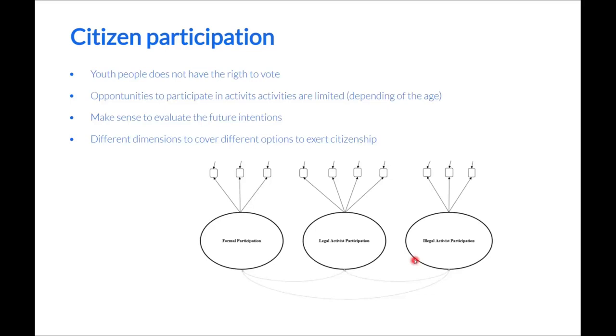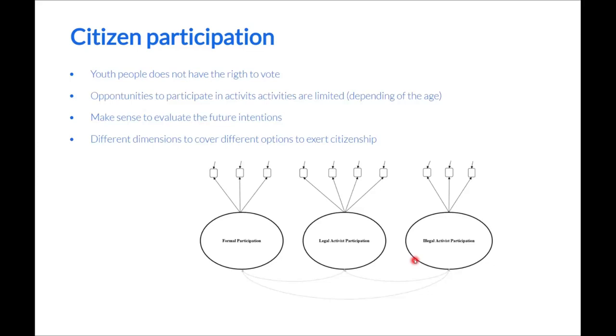In most countries, the legal age to vote is 18. We have only some cases in which it's 16, and we have other cases in which it's 21, even today. But this is an important issue because if we want to measure formal participation, the traditional way of participation, in young people, we don't have options because students don't vote in general, don't vote in national elections, community, or local elections, or even don't receive information about the elections.